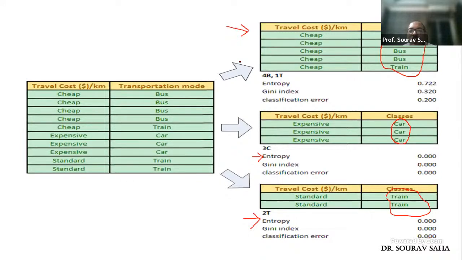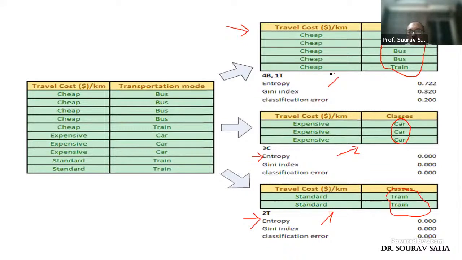See, I have these 10 data points, right? I split the data based on this travel cost cheap, expensive, and standard. Now, once this has happened, you find that of those 10 data points, if I stop here, all three of the three data points would have been correctly classified. All the 2 data points out here are correctly classified.